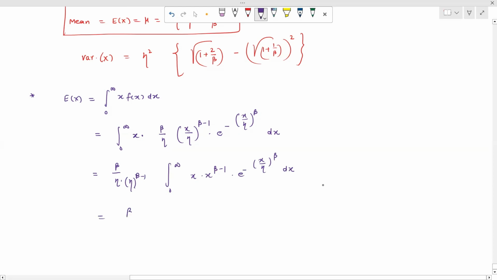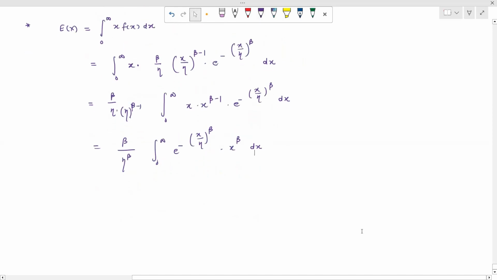One more step: this is beta upon eta raised to the power beta, integral from 0 to infinity of e raised to the power minus (x upon eta) raised to the power beta into x raised to the power beta dx. We write this integral in the form of the gamma function. Now to solve this, we take the help of substitution.